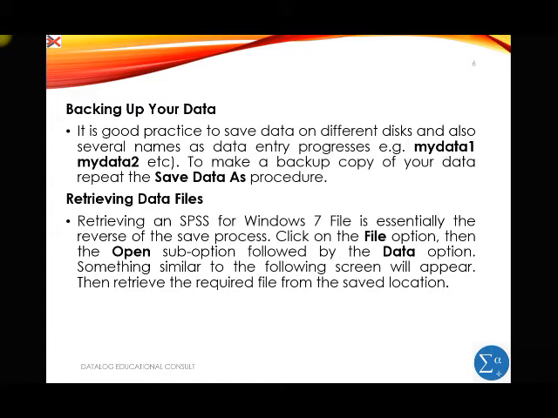Now, the second one is retrieving data files. That is, retrieving the data you have saved to work with. The data we'll be retrieving as a sample is in the folder that you have access to.